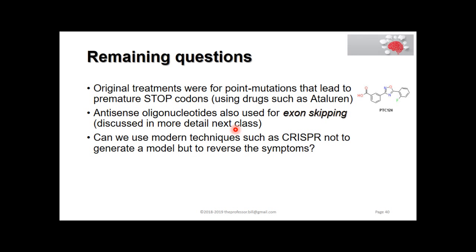That has not turned out to be true. In fact, that drug, adalurin, is now thought to be somewhat fictitious. People don't think it actually works, although there are papers that were published on it. So we'll come back and talk about this in the next lecture, and why people are actually looking at muscular dystrophy and other disorders that involve stop codons as a way to develop therapies to fix this.